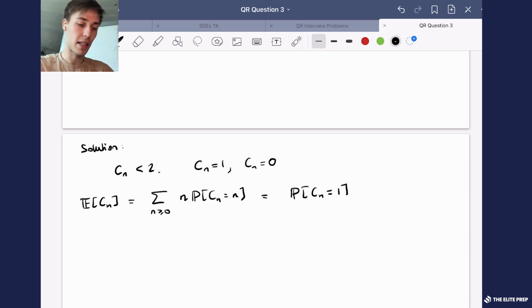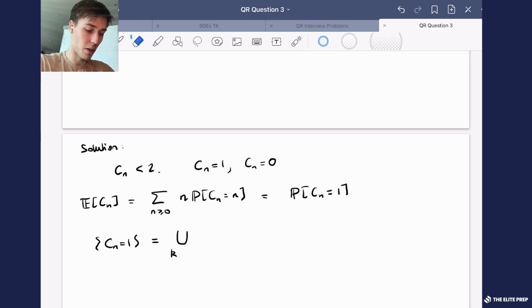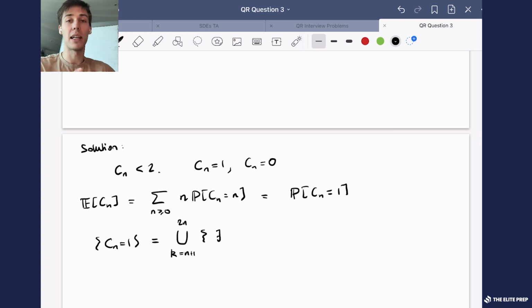And the way that Cn can be equal to 1 is, if Cn equals 1, that's equal to the union from k equals n plus 1 to k equals 2n of there being a cycle which has length k, for any of those values between k equals n plus 1 to 2n.